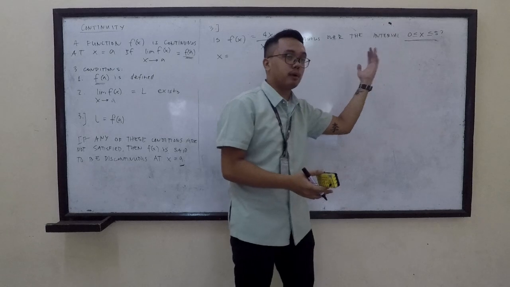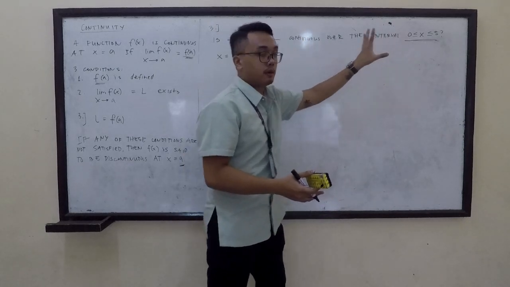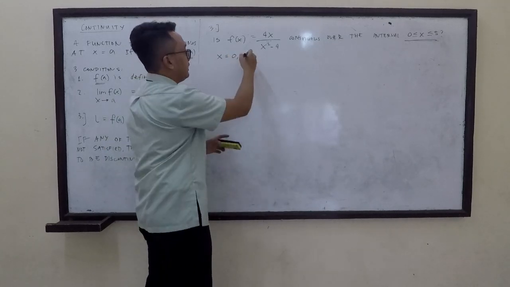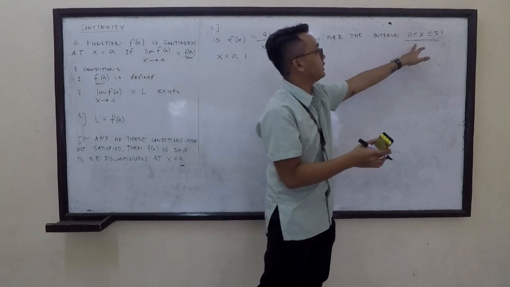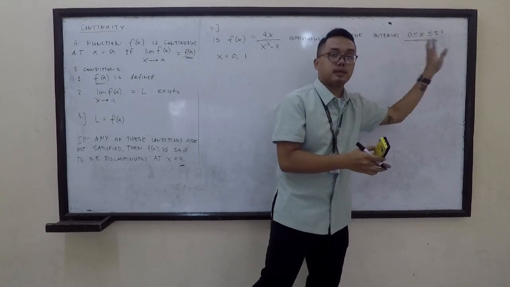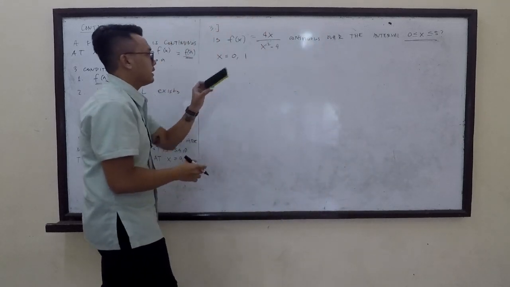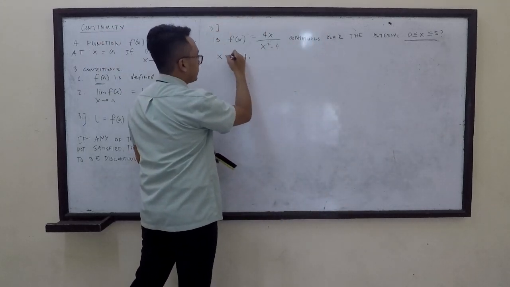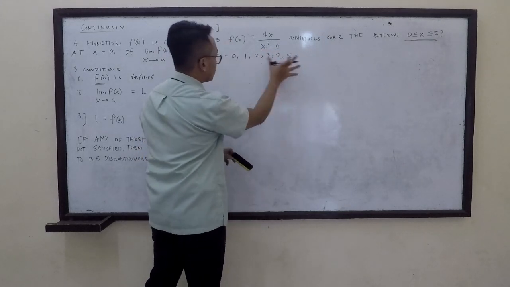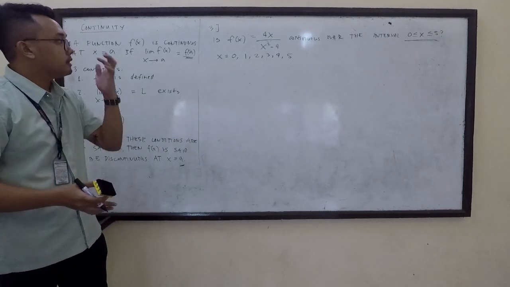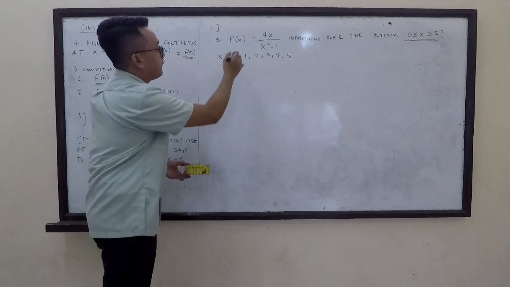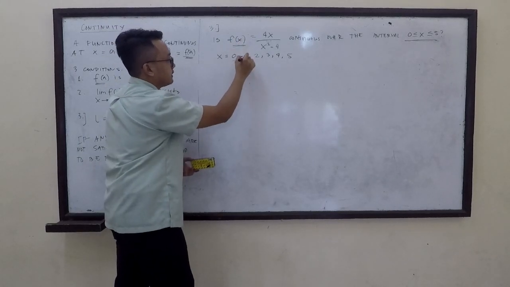So there are no negatives, but it can be 0. Then 1, and the condition is x is less than or equal to 5, so it must not go beyond 5. The endpoint is 5: 0, 1, 2, 3, 4, 5. These are the numbers in the interval. So we check one by one whether the function is continuous.